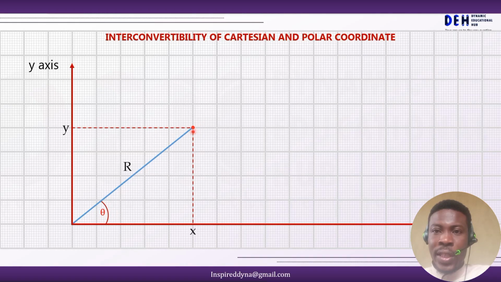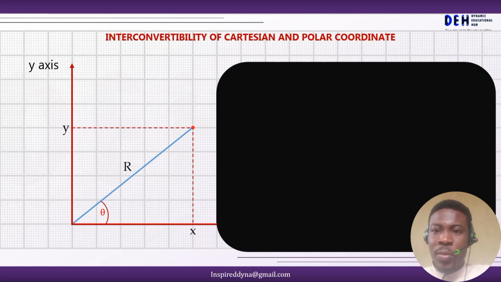The Cartesian coordinates for this point are going to be x, y. Here is the goal: we just want to establish the relationship between x, y and r, theta.